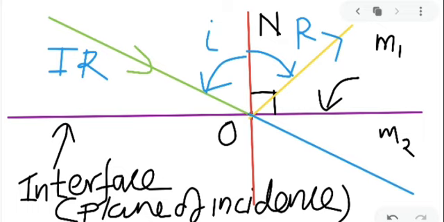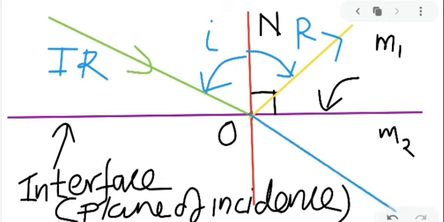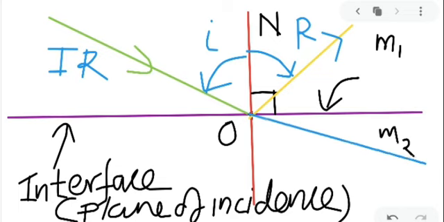It will either move closer towards the normal, or it could move away from the normal. See guys, two things can happen.